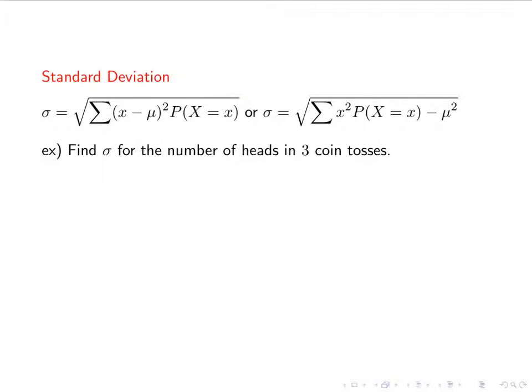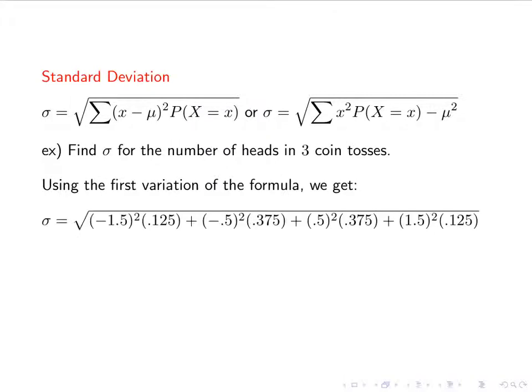So for example, we're going to find sigma for the number of heads in 3 coin tosses. And for our first example, we're going to use the first variation of the formula. So I will take the difference between our value and the mean. Remember, the mean was 1.5. So here is 0 minus 1.5.